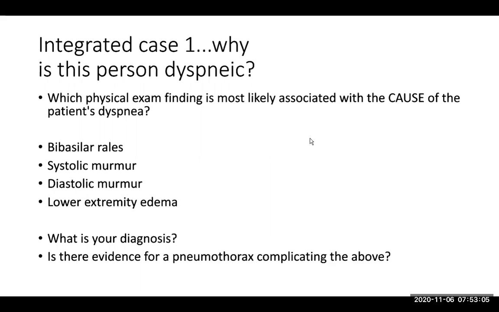And this is one of these where there might be some that are kind of right, but there's definitely one that is the best answer here based on all of the information.